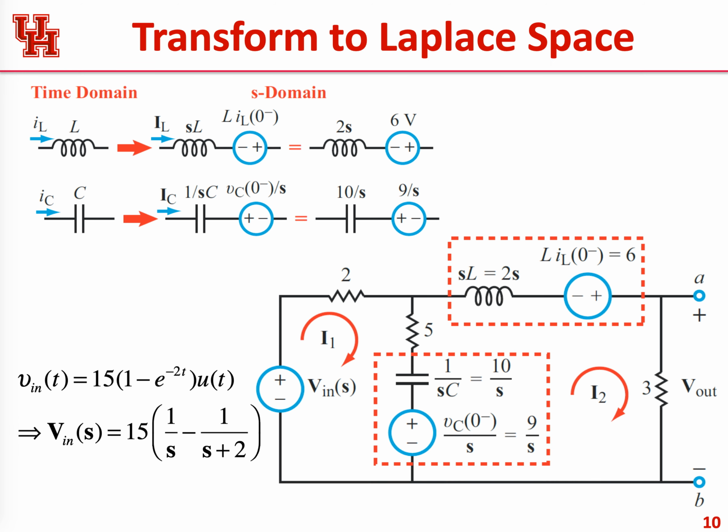The Laplace transform of Vn is going to be 15 times the Laplace transform of 1 u(t), which is 1 over s, minus the Laplace transform of e to the minus 2t u(t), which is 1 over the frequency shifted version. So it's going to be s plus 2.